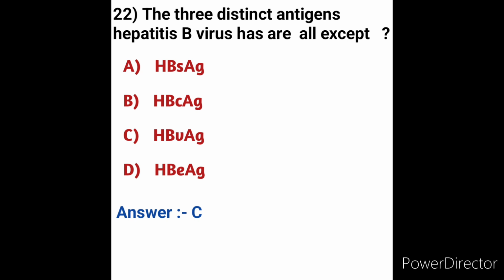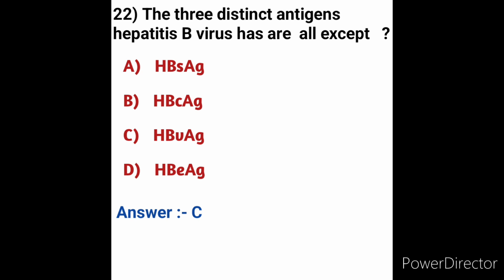Here, the three distinct antigens of hepatitis B virus, the exception is option C HBvAg. Hepatitis B antigens are detectable in serum before the liver function test. Next, move on to question number 23.